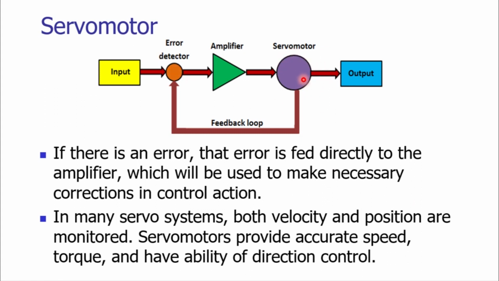In servo motors, we are monitoring the velocity and position. As we monitor velocity and position and modify them online, in situ, the servo motors provide accurate speed and torque, and they have the ability to control the process directly.